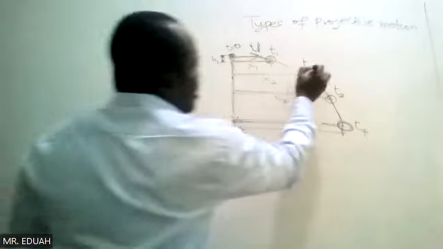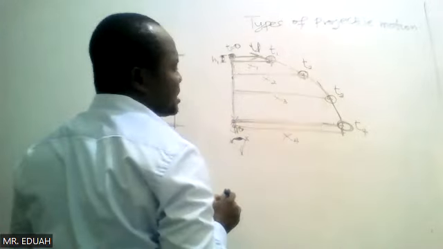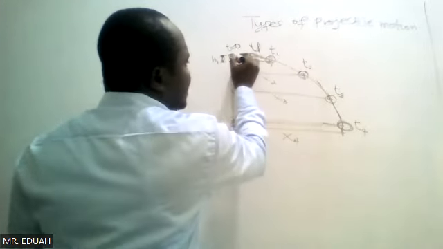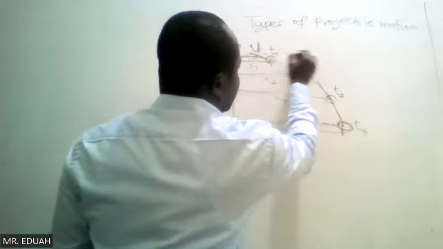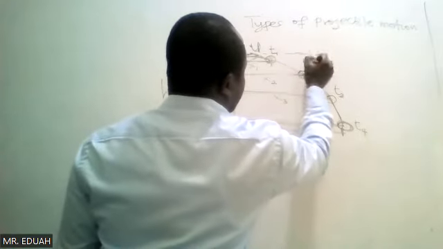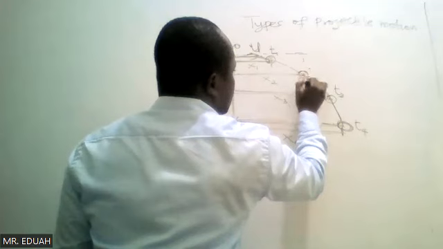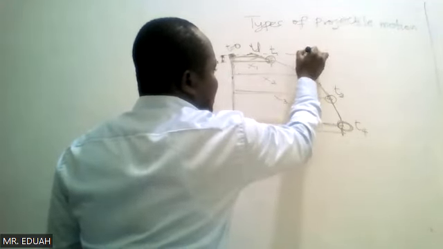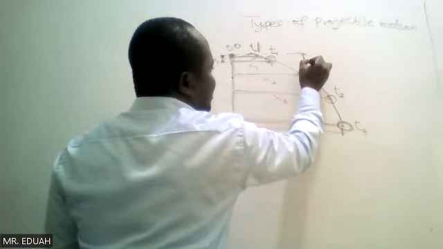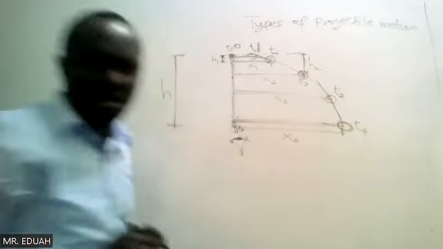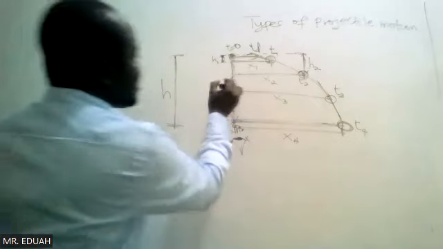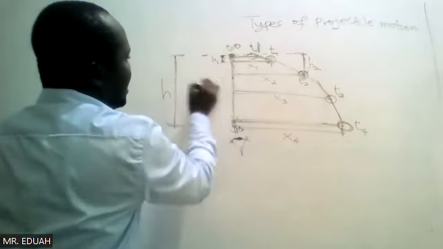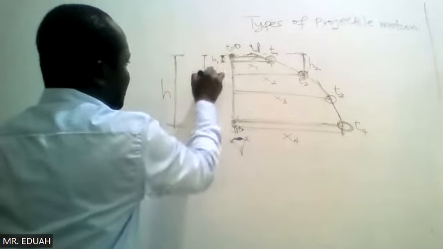When it comes to this position, we also realize that it seems to be displaced vertically. At T2, it is displaced vertically by this amount. So this is h2, which is also the same as from here to this point.